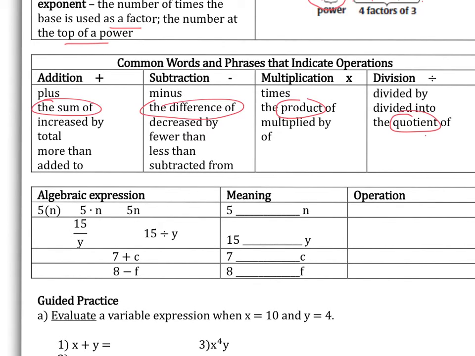Algebraic expression. What does it mean? 5 with parentheses around the n, or 5 dot n, or simply 5n. That just means 5 times n, and we're using the operation multiplication. And here we have 15 over y, or 15 divided by y.